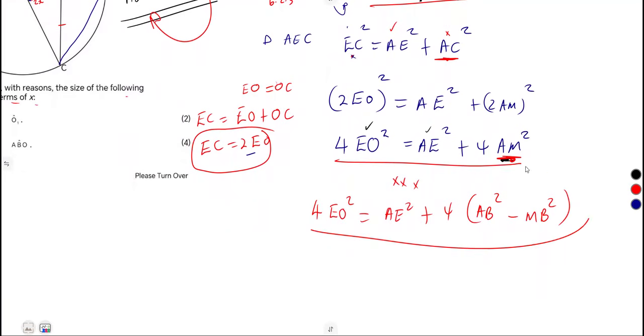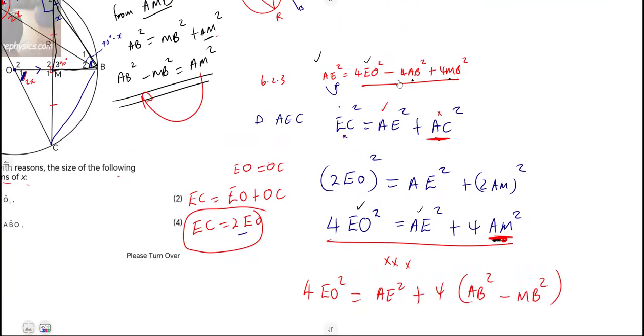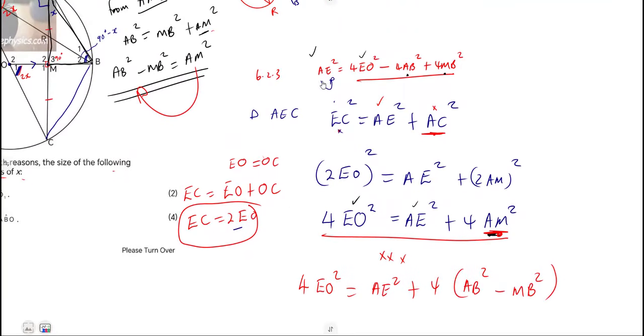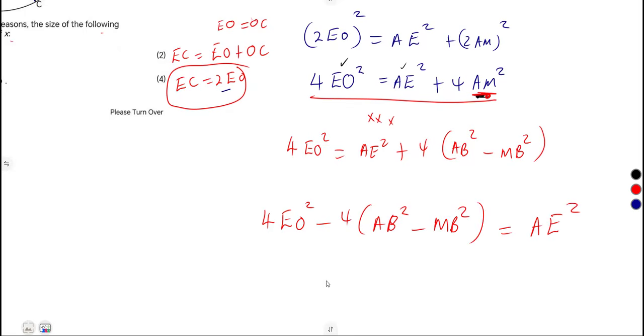So this, we can simplify it and write it in terms of the answer that we have in there. So we simply have to make AE squared the subject. So I'm simply going to take this bracket to the other side. So it's 4EO all squared minus 4 into this bracket of AB squared minus MB squared, which is equal to AE squared. Yeah, they played around with you guys on this one.